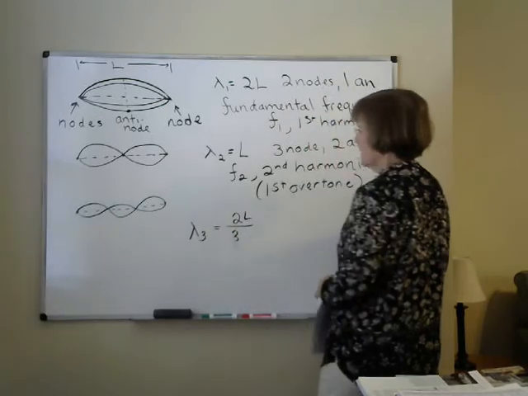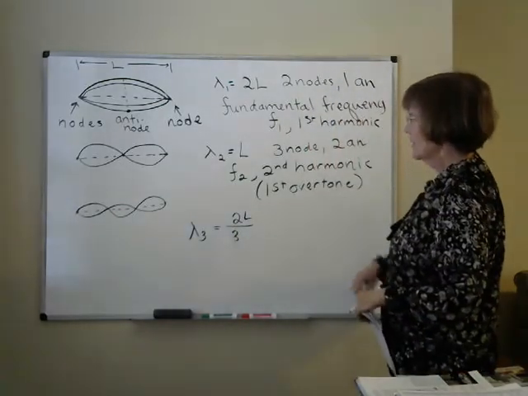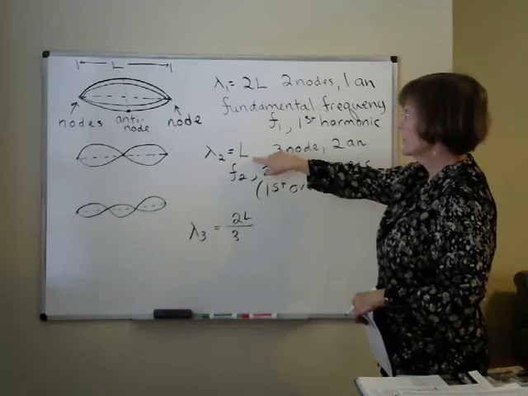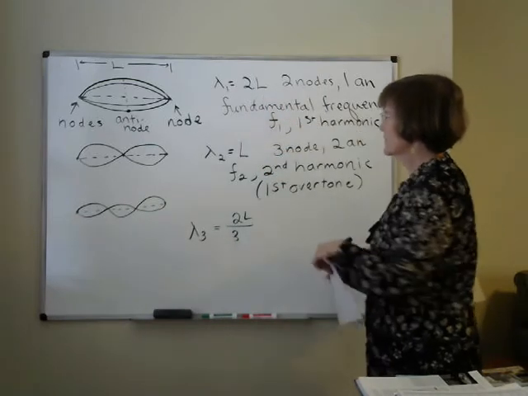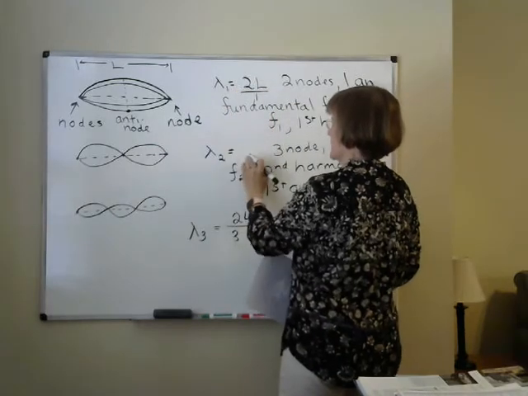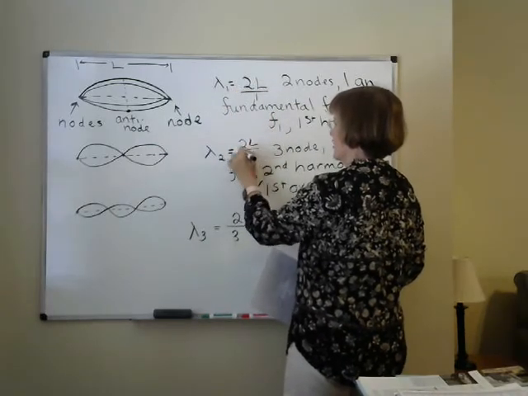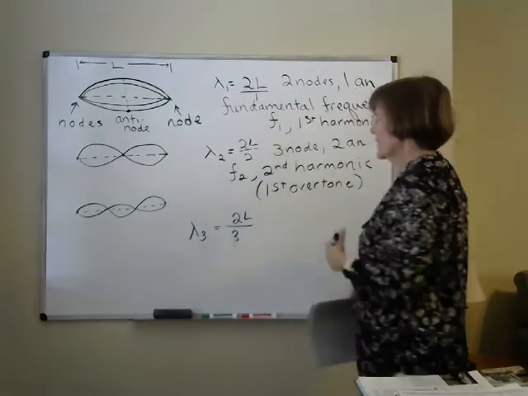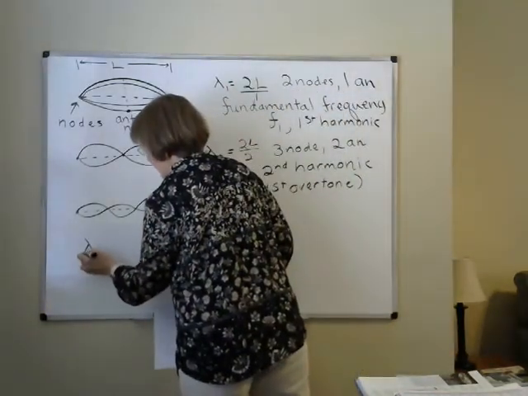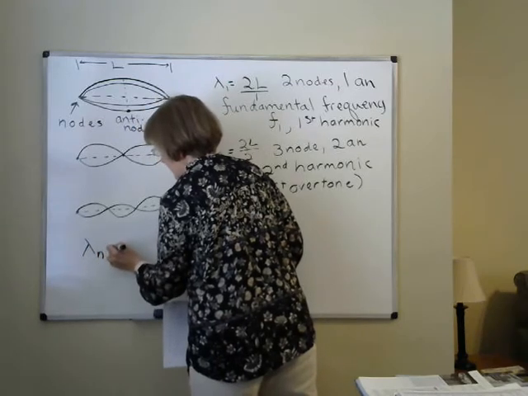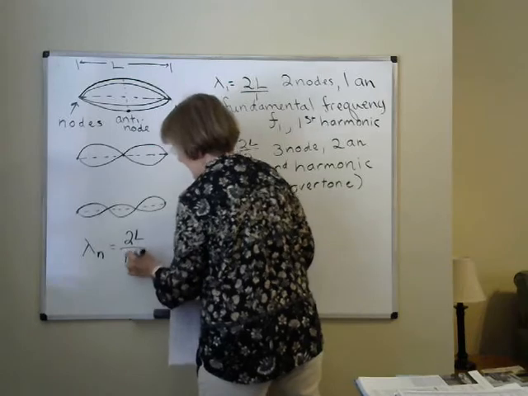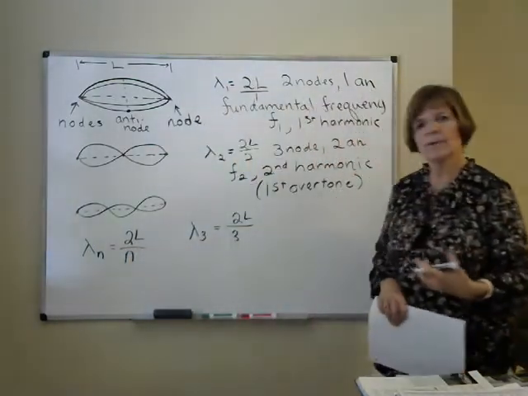In fact, if we go back up here, this one is 2L divided by 2. This is 2L divided by 1. Think about that. We could have written this as 2L divided by 2, so we got L. What we've come up with is the wavelength is always 2L divided by N. N is the number of the harmonic.